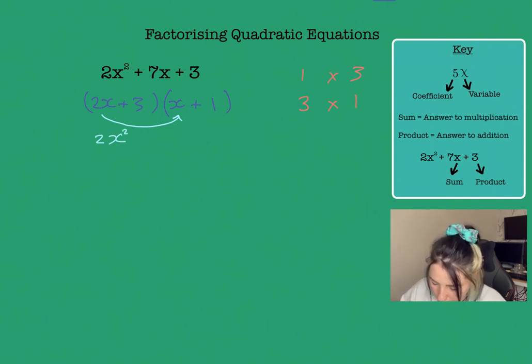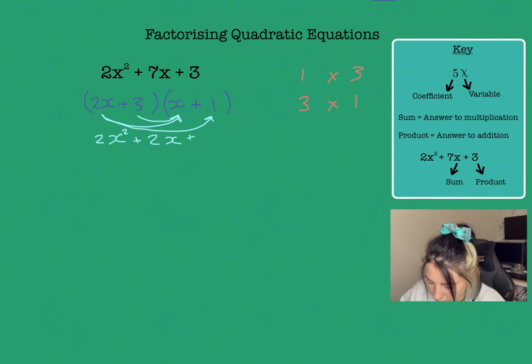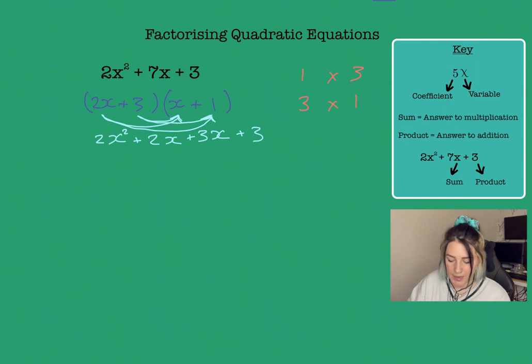Then we've got 2x multiplied by 1, which is going to give us 2x. Then we've got 3 multiplied by x, which is going to give us 3x. And then we've got 3 multiplied by 1, which is going to give us 3. Now we need to add these together, or group them together, to see whether our equation matches.